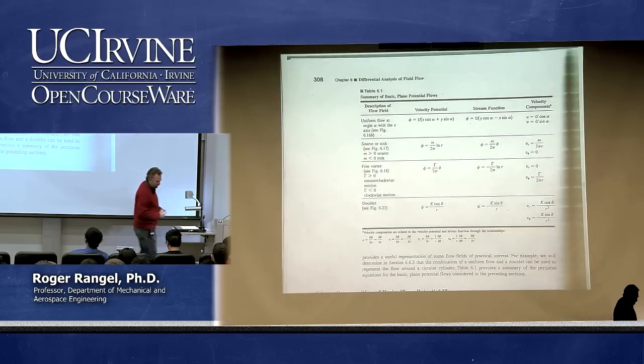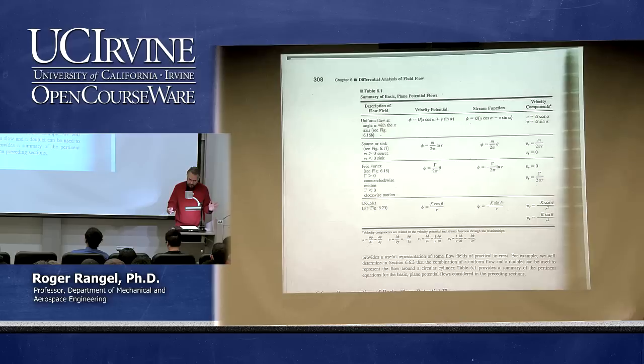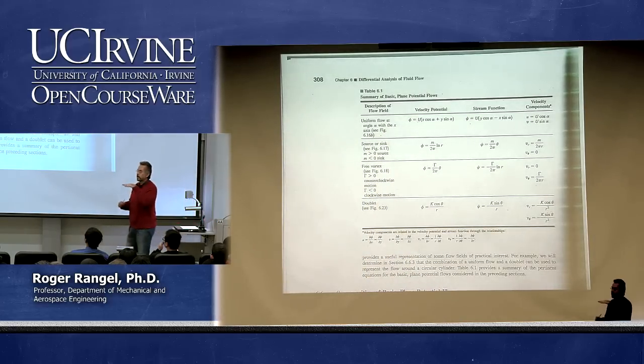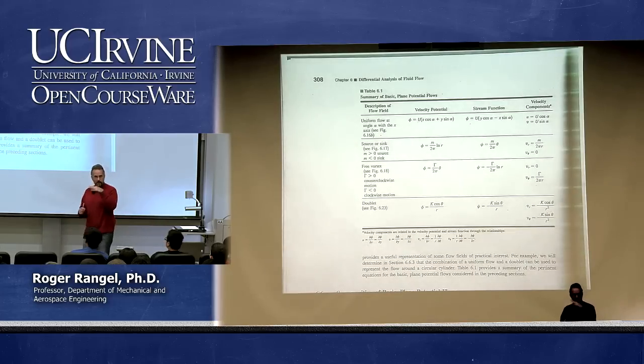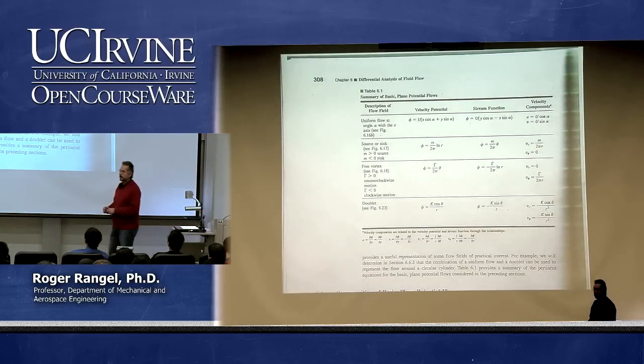The uniform flow could be at any angle, as long as it is uniform. And therefore, what you have here is the general expression of the potential if the flow is at any angle. And they tell you here, angle alpha with the x-axis. So of course, if alpha is 0, then that's a horizontal flow. But if alpha is 90 degrees, then that's a vertical flow. But then the other three are much more easily handled in cylindrical coordinates.